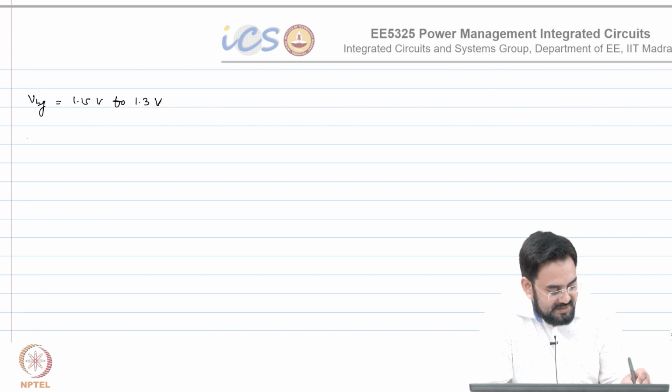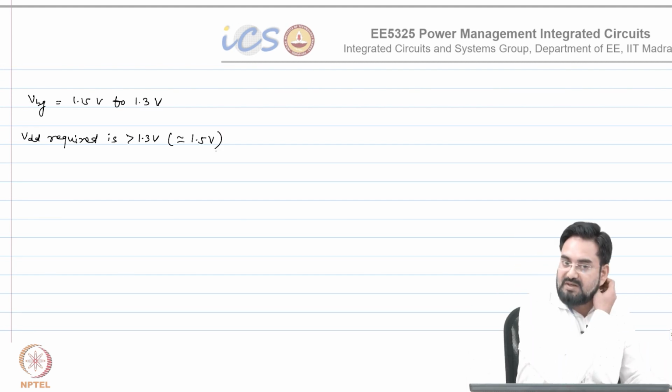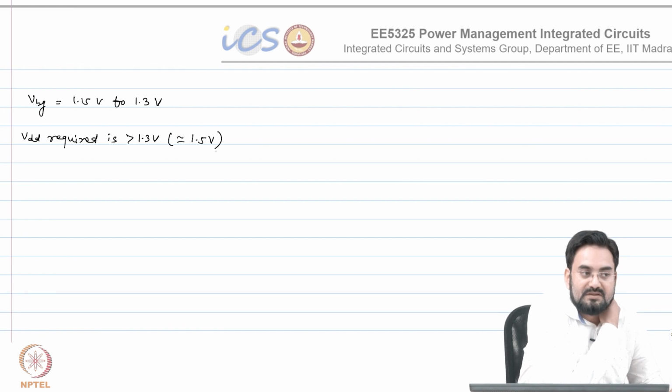So, VDD required is more than 1.3 volt, approximately 1.5 volt or so. That is the minimum VDD you require. So, you cannot operate this band gap below 1.5 volt.